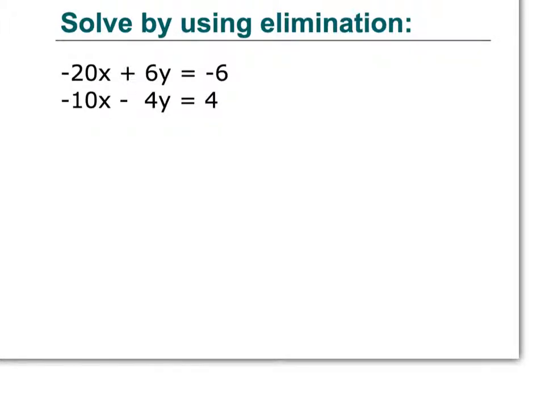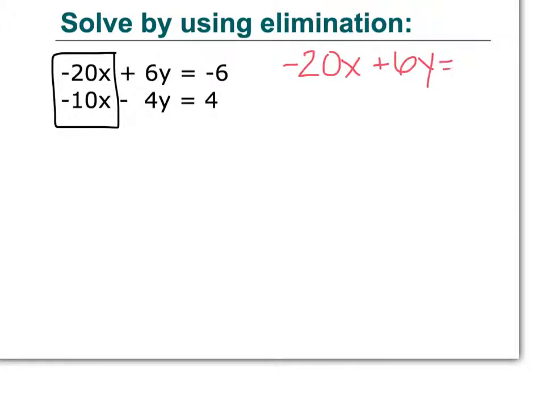Solve using elimination. On this one, I see that 10 and 20 are probably the best ones to work with. So I'm going to multiply the whole bottom equation by 2. If I do that, the top stays the same with negative 20x plus 6y equals negative 6. But the bottom will get multiplied by 2, which will turn into negative 20x minus 8y equals 8.